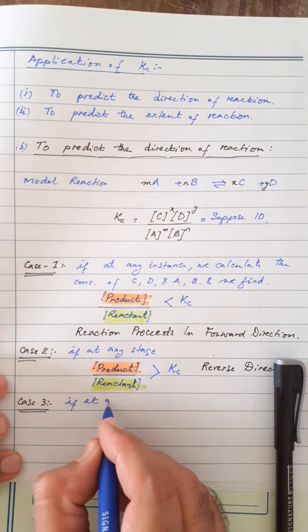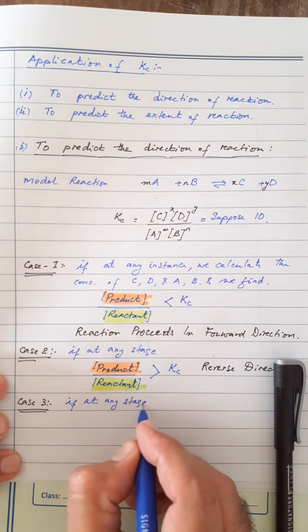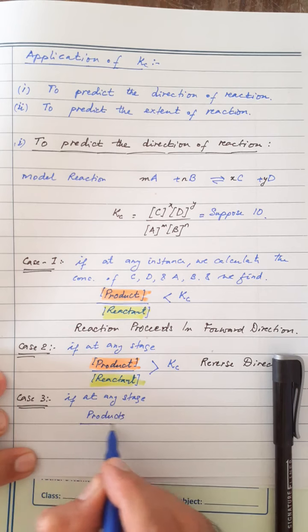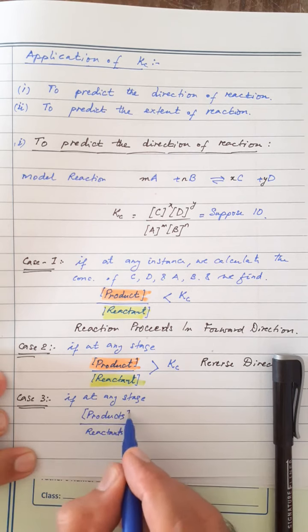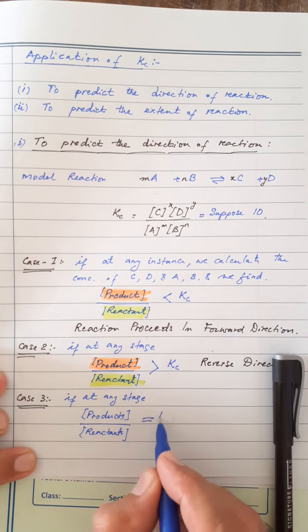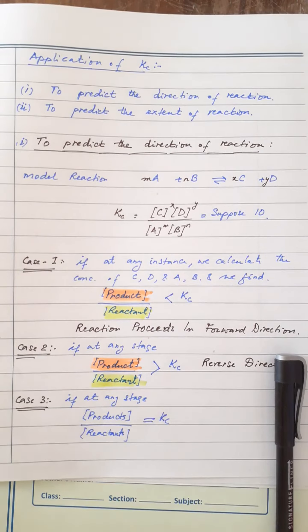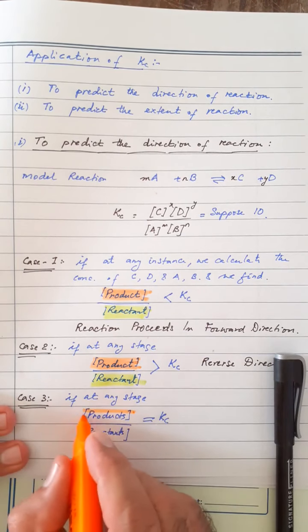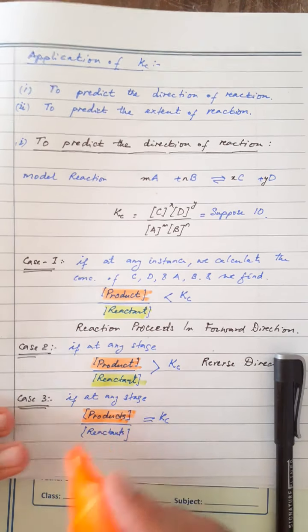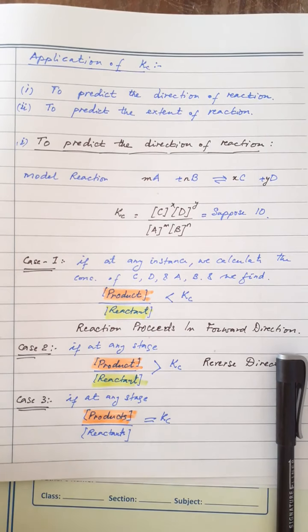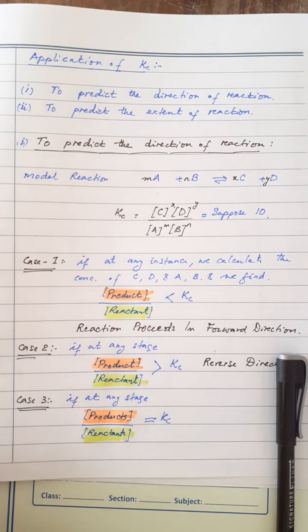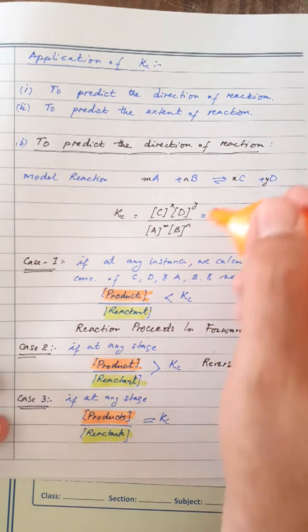If at any stage the ratio is equal to Kc, which is 10, the standard value of Kc for this reaction, should you be happy that your reaction is going forward, or should you worry that it is going reverse? Okay, tell me.